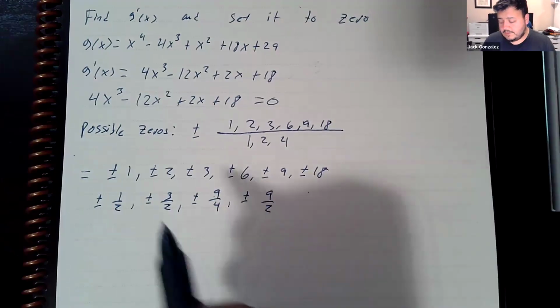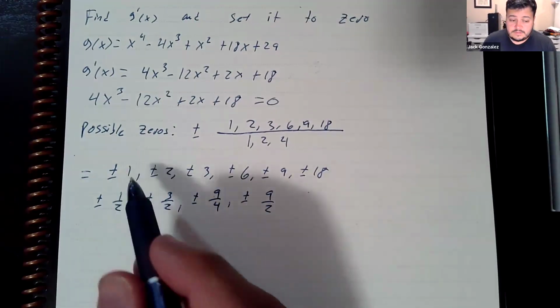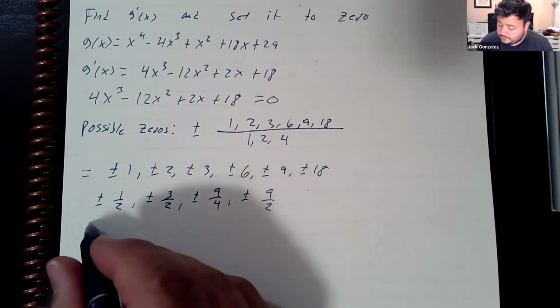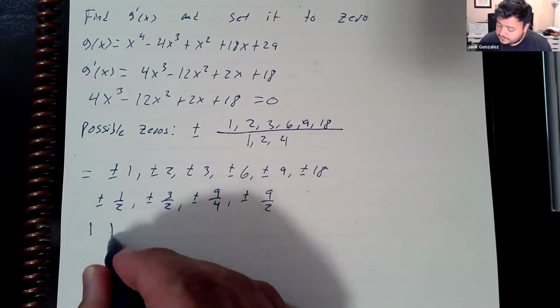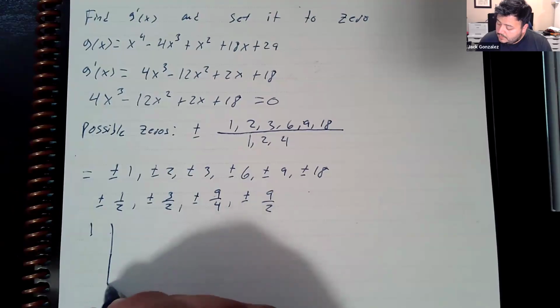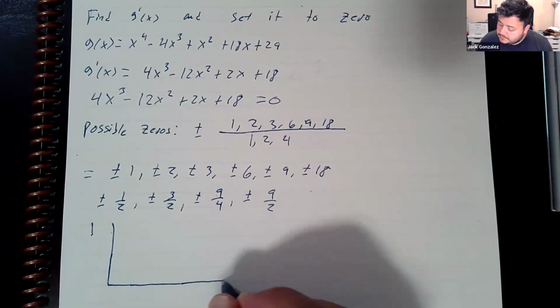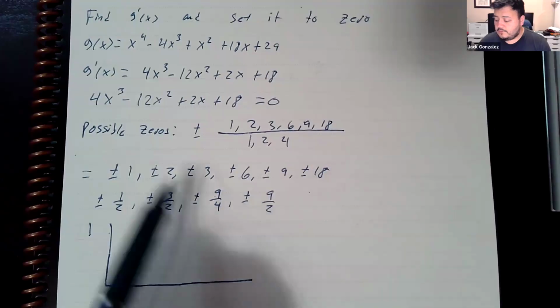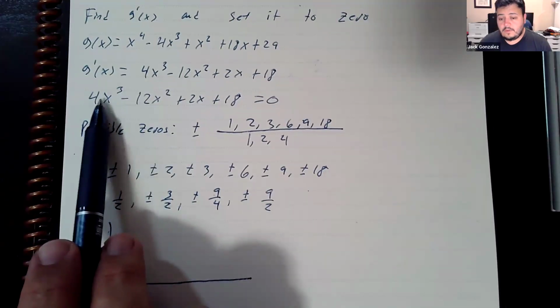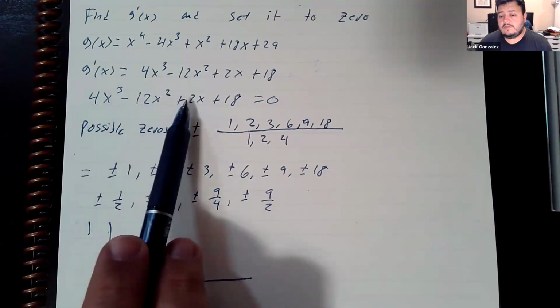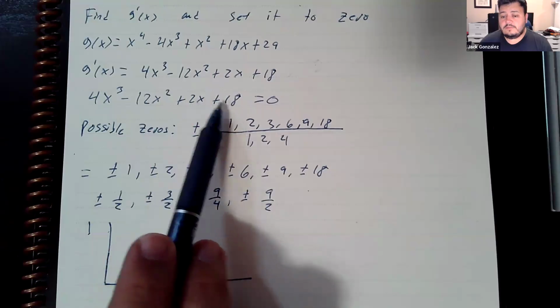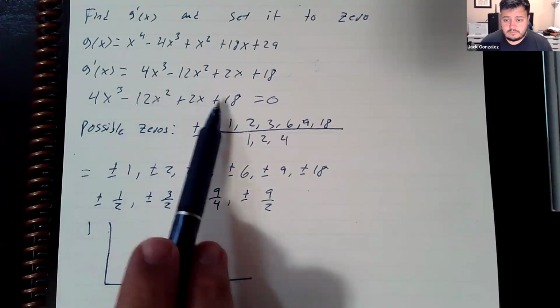I always start with 1 and -1 because it's easy. So this is synthetic division. The first step is to find all the possible zeros and then write down all the coefficients in descending order, making sure you have every degree. If there's one missing, you have to put a placeholder, a 0.